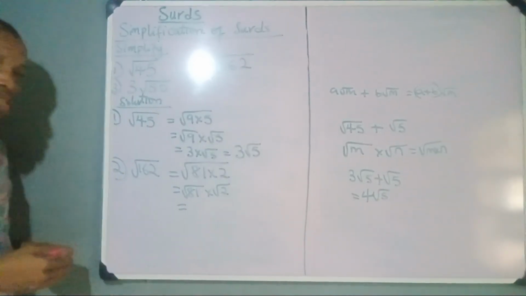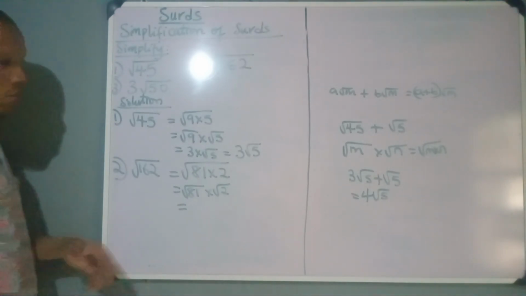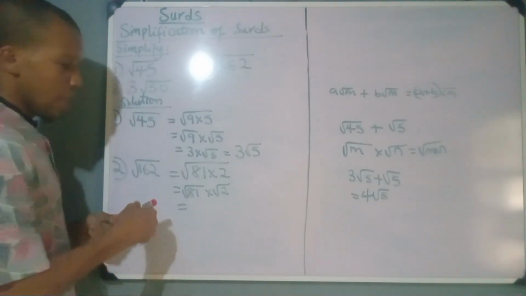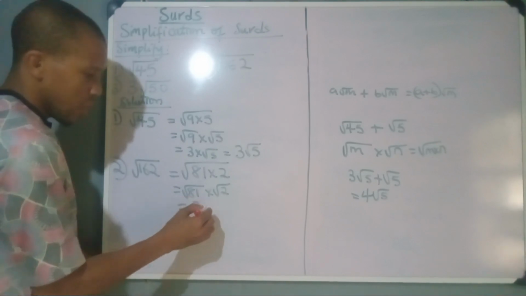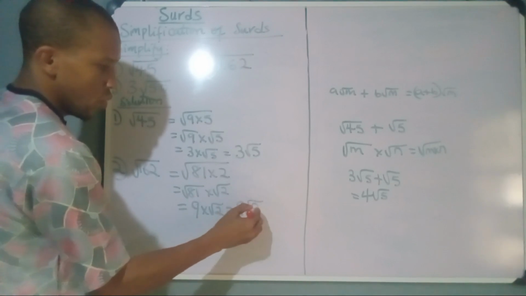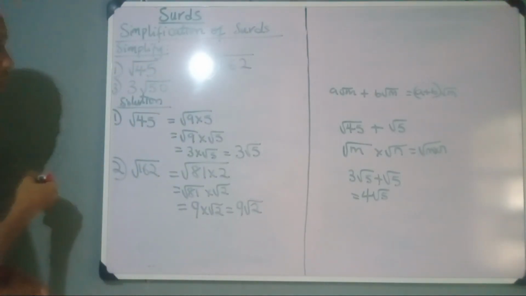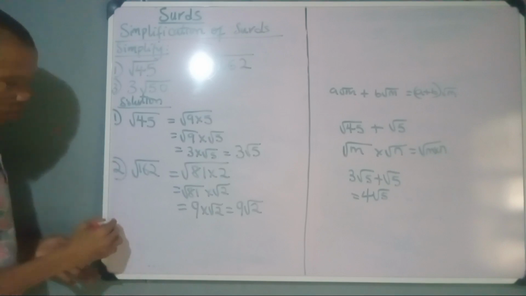But 81 is a perfect square. That means root 81 will give us 9. So that will be 9 times root 2, which is 9 root 2.